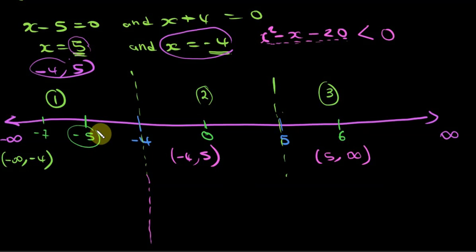Starting with minus 5, I replace x with minus 5. So minus 5 squared minus minus 5 minus 20 is less than 0.